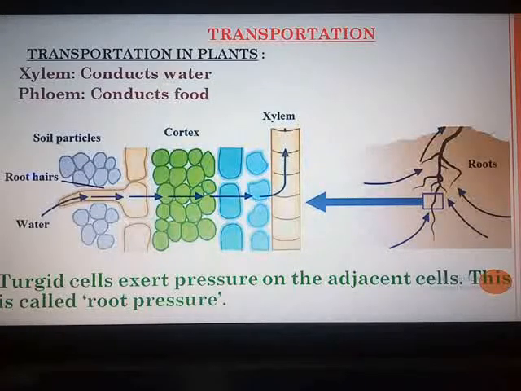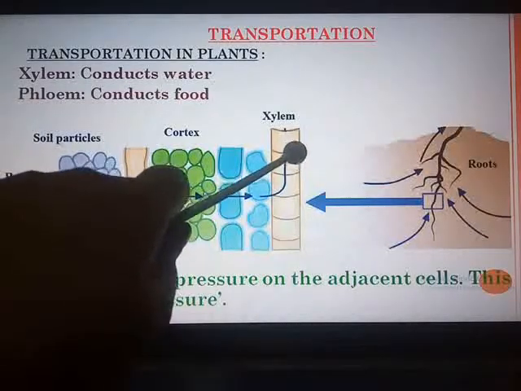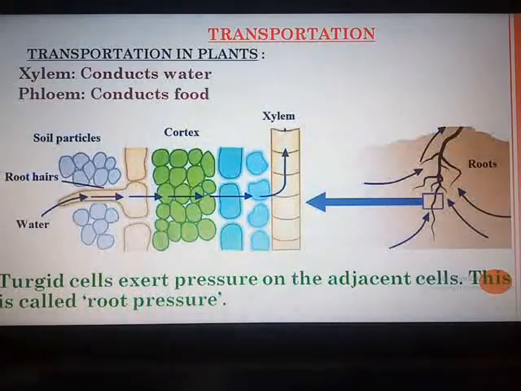As a result of this continuous movement, a water column is formed which is continuously pushed ahead, and this pressure is sufficient to lift the water up in the case of small plants, small shrubs and small herbal trees like tulsi and the small plants around you. So this much pressure is enough for the water to be transferred in the upward direction.